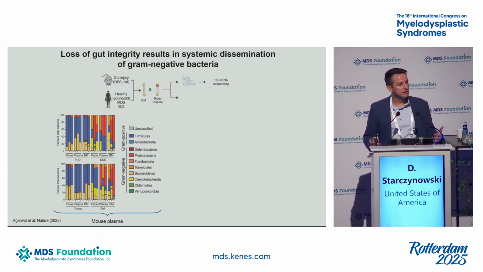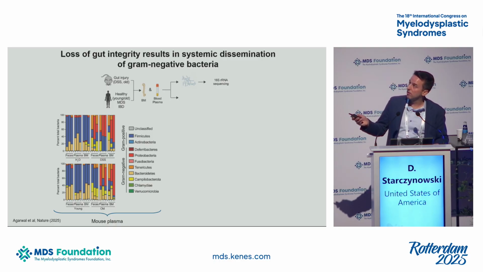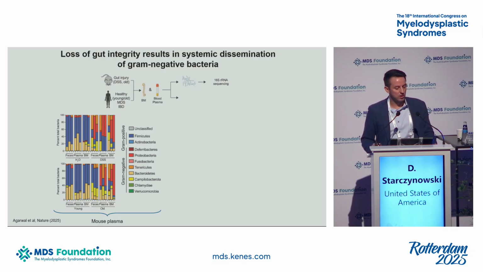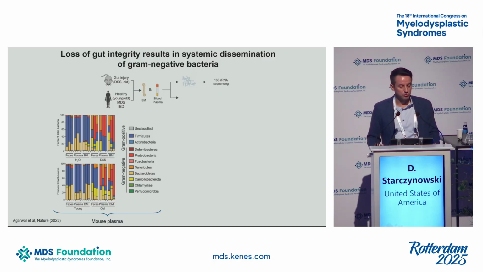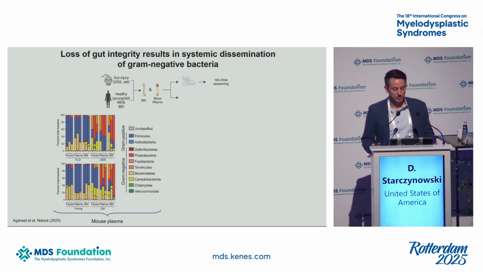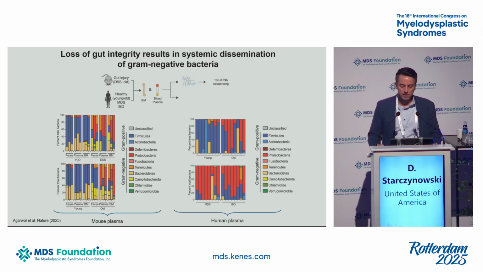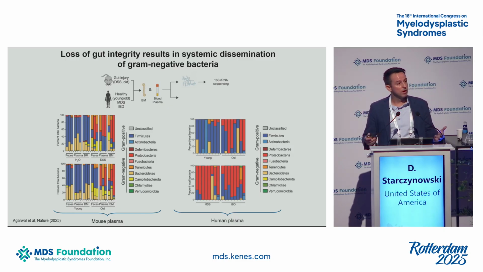I'm not going to go into the details and specifics of the microbial changes, but what you can appreciate is that in these old mice, you see a lot more red and orange bars, which represent various gram-negative bacteria, as compared to young healthy mice, which have a lot more gram-positive bacteria. We see a similar phenomenon in humans, where young donors have a healthy microbiome.